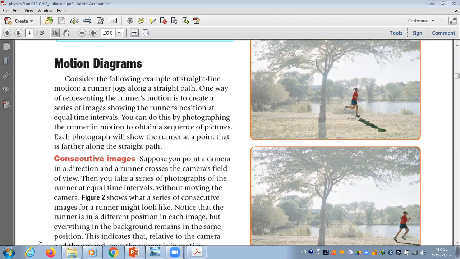Explain the meaning. Imagine that you have your little brother and you are explaining to him the meaning of motion diagram. You are taking pictures, right? Yes, for the moving object, each 1 minute or each 1 hour or each 1 second. It's a very simple way. Understand? Yes, okay.